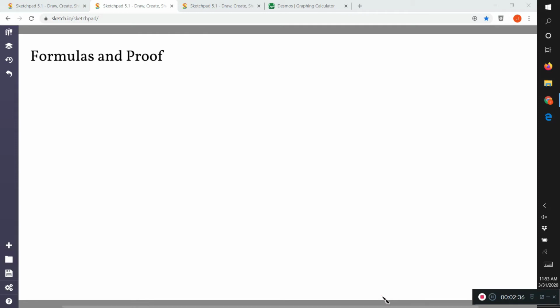All right, so our formula for finding arc length can be written in terms of x's or y's.